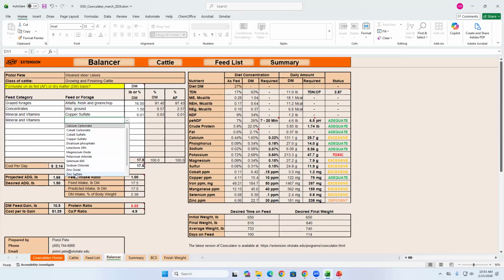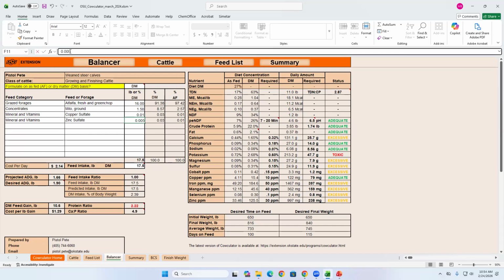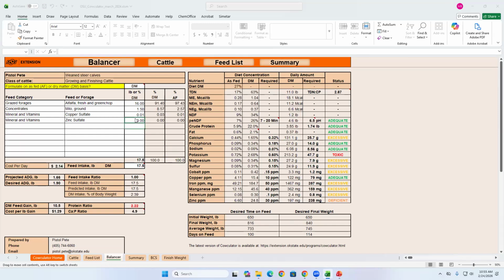They're going to be a little bit more expensive, but we'll just do that for the sake of today. So 0.005 is way excessive, so we're way oversupplying. But this heck of a small number is still deficient.